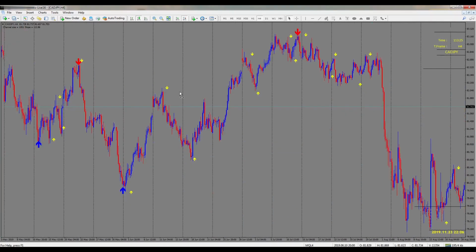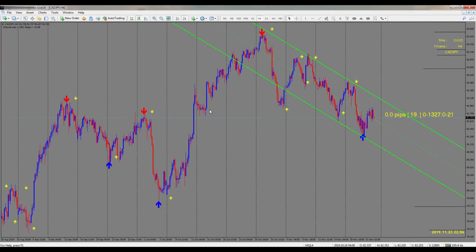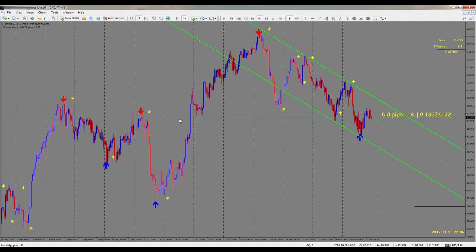So to answer that question, yes, it does repaint, and that's the reason why. The big arrow is an indication that the market is dropping. If you get the yellow arrow, that's a confirmation.